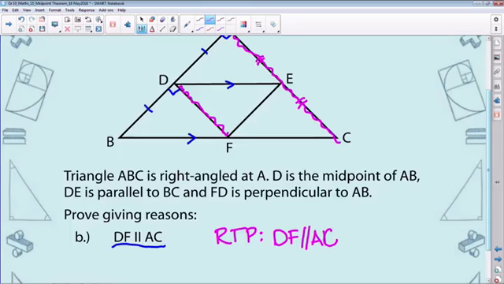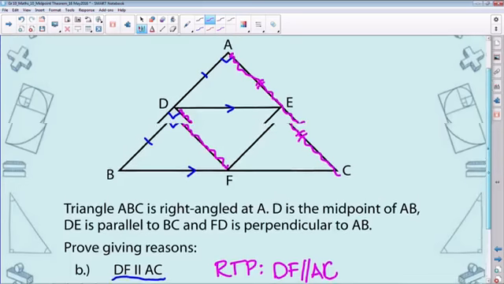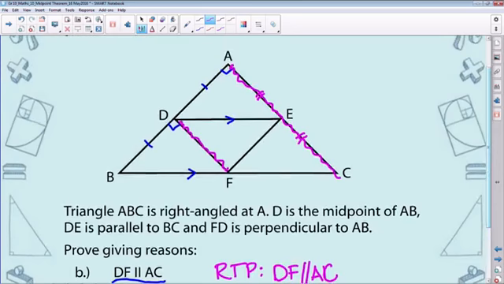Now, how am I going to prove that? I can see that they are parallel, but I need to state the obvious. And the obvious is I have two angles that are equal. And those angles are forming a lovely F shape, like that. Remember how I colored it in last week? Like that and like that.